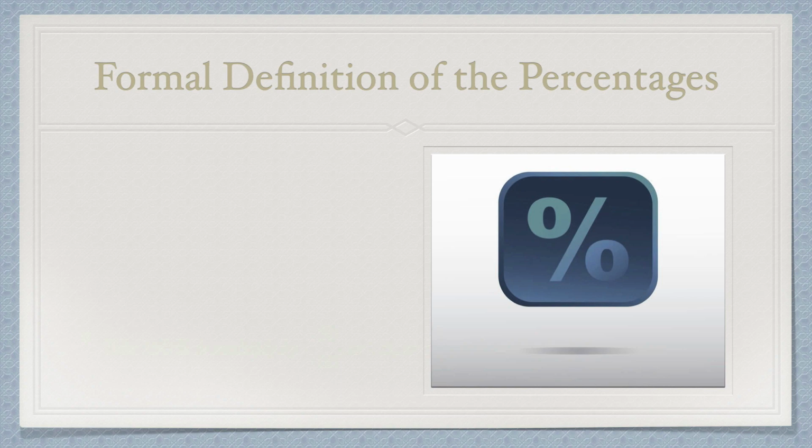Let's see the formal definition of the percentages. Assume that x and m are two numbers, integers or decimal. Take x% of the quantity m is: multiply m by x, and then divide the result by 100.